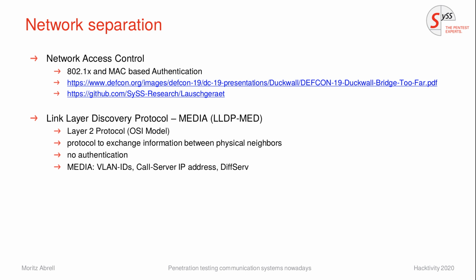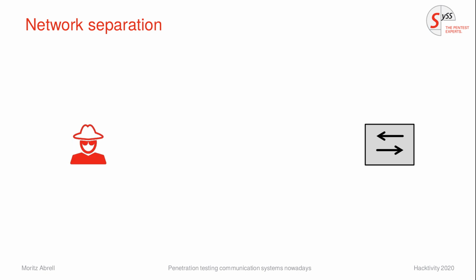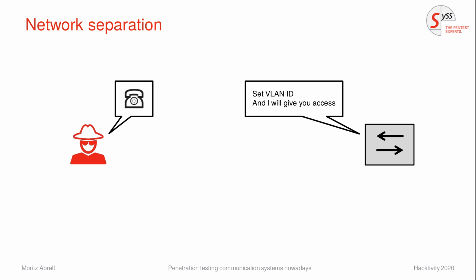But because it has no authentication, an attacker can pretend to be a phone, and the switch will say, "Hello IP phone, please set the VLAN ID and I will give you network access to the voice over IP VLAN." So now it's time for a demo.